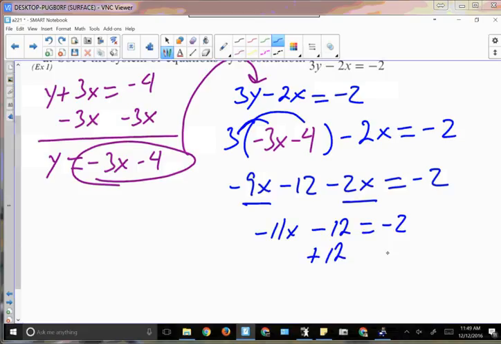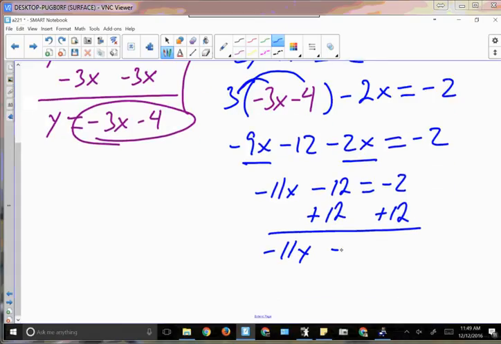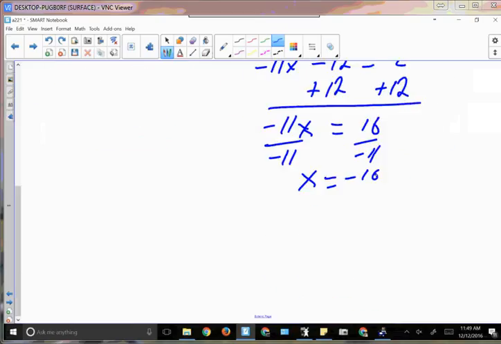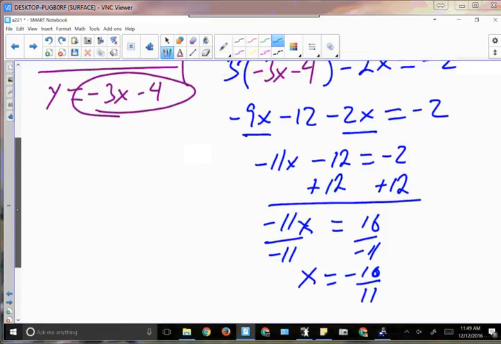Add 12, and I get negative 11x is equal to 10. Divide by negative 11, divide by negative 11, and I get x is equal to negative 10 over 11. So, did anybody else get negative 10 over 11 for x?